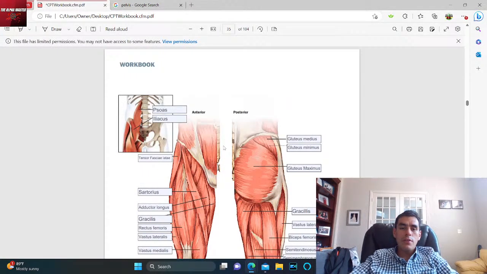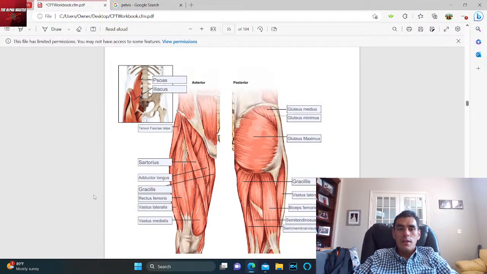Then you have the sartorius, which is going to be this long muscle in the anterior portion of your leg, going along your quadriceps. The sartorius is around your quadriceps.